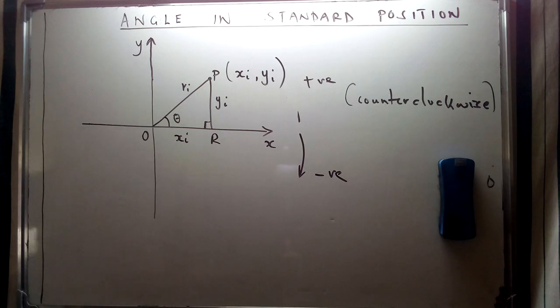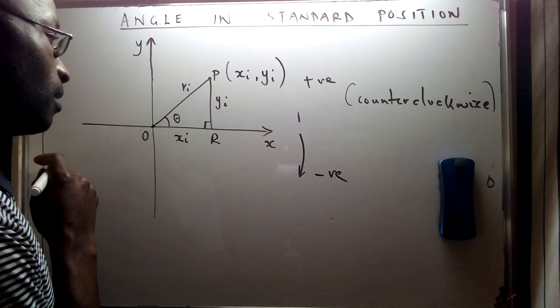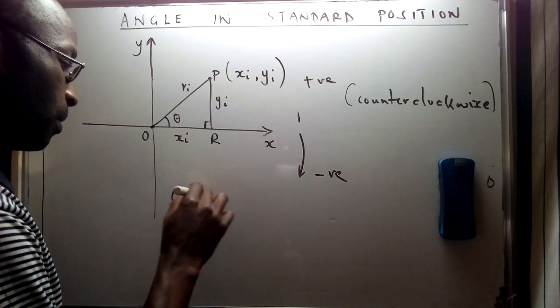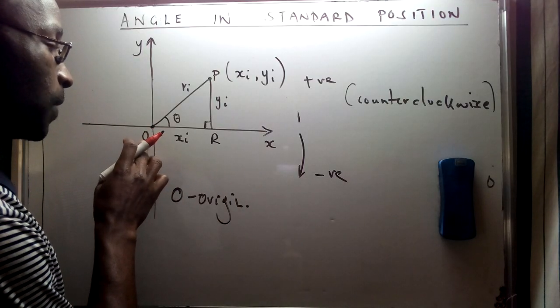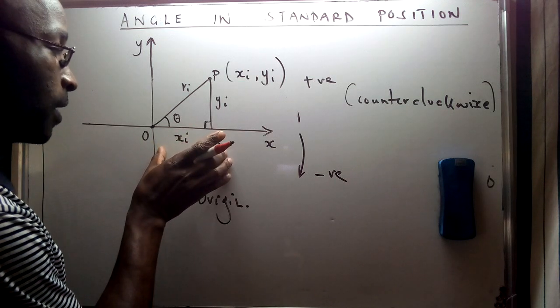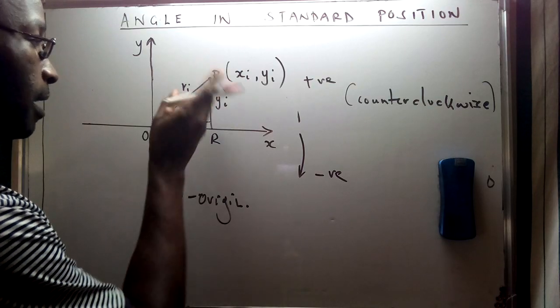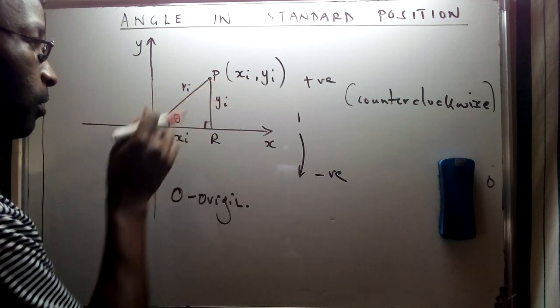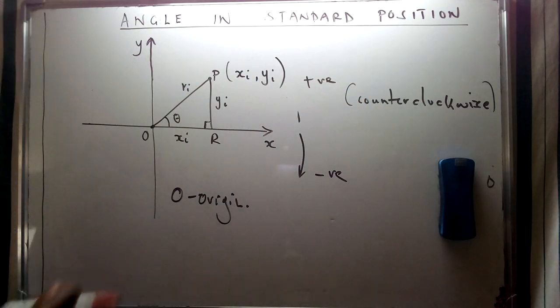So an angle in standard position is one located in the rectangular coordinate system whose vertex rests at the origin O. One side lies on the x-axis, and the terminal side is stretched toward the positive side, which is counterclockwise, making an angle theta. That is referred to as an angle in standard position.